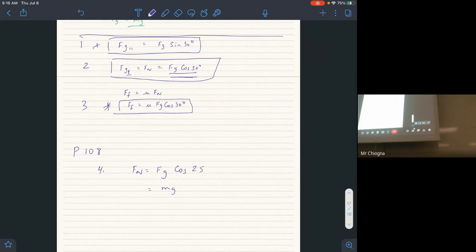They give you the mass, so you have to use mg. That works out to be 1.4 times 10 to the 2 newtons. It's just asking for the magnitude, so it's about 140 newtons.